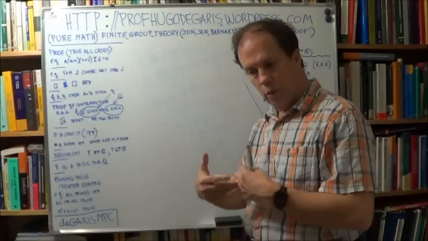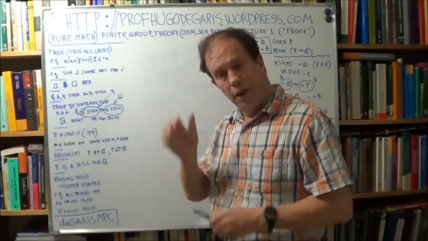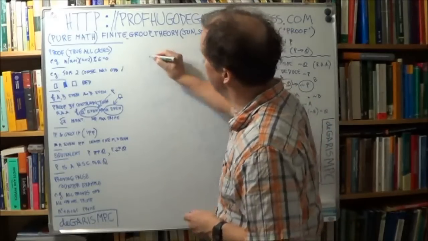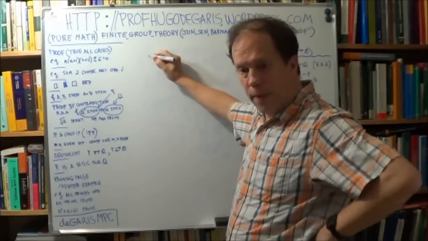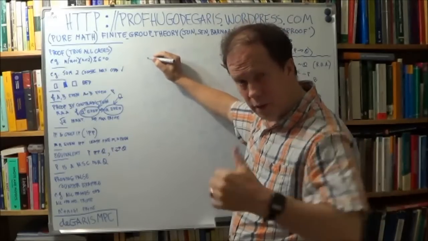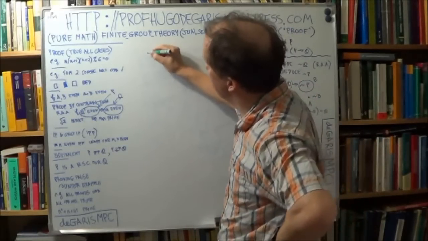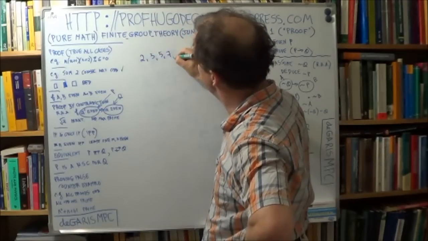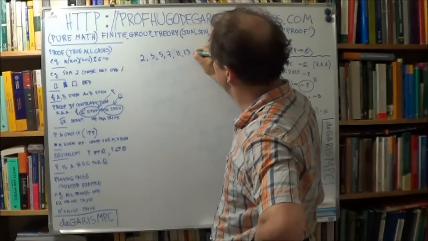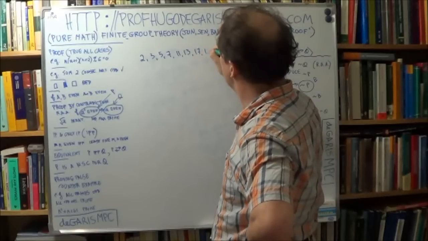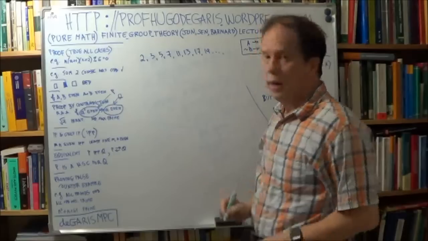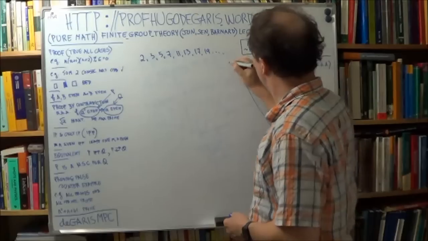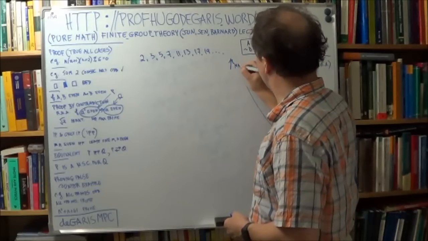Now, remember a prime number is an integer that has no factors other than itself and 1. So the prime numbers are 2, 3, 5, 7, 11, 13, 17, 19, and we're trying to prove that there is no maximum prime.